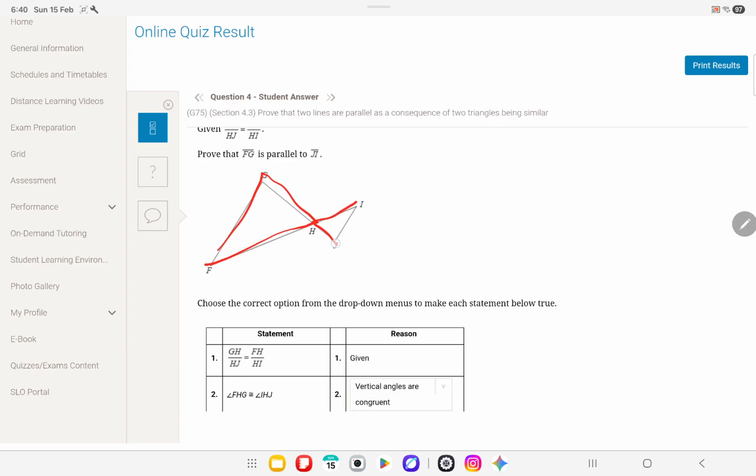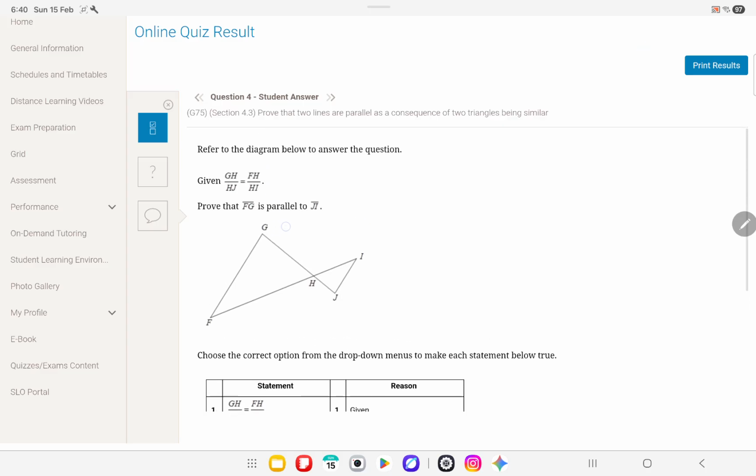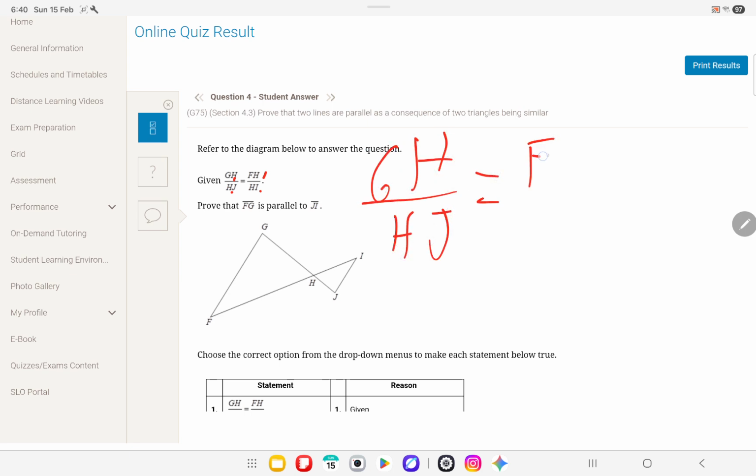FHG, IHJ. Now, they're similar because here we have two sides of each triangle that are proportional. GH over HJ is equal to FH over HI. It means that we have two sides of each triangle that are similar, right?